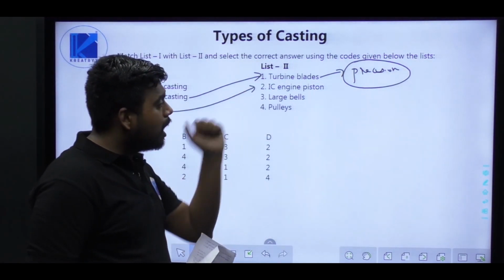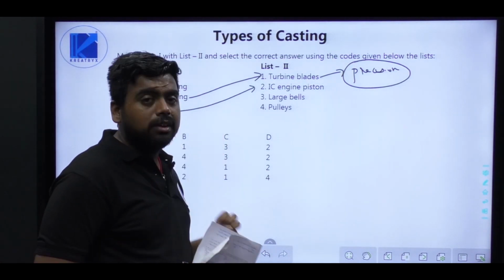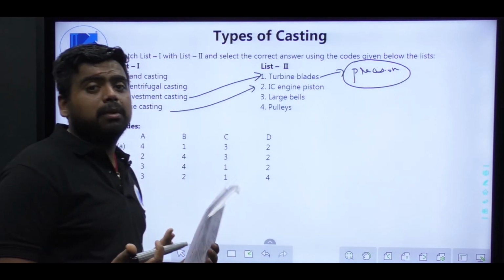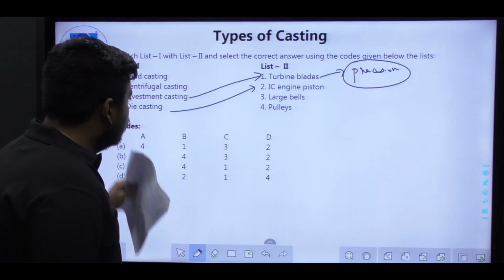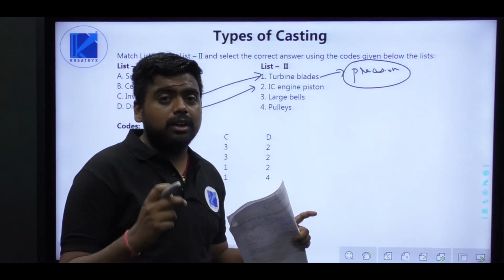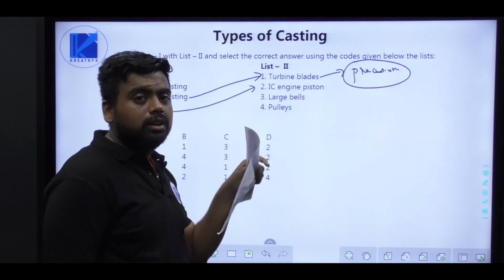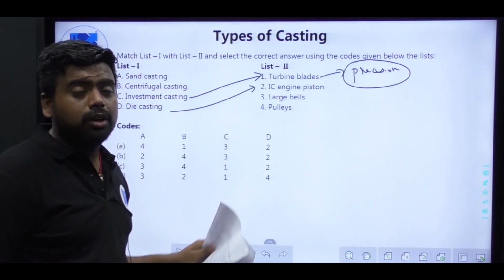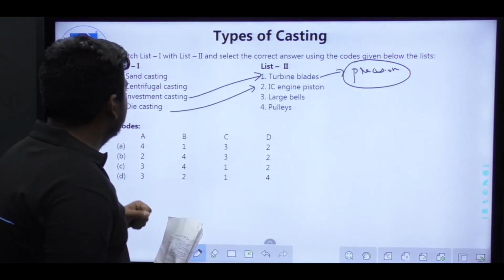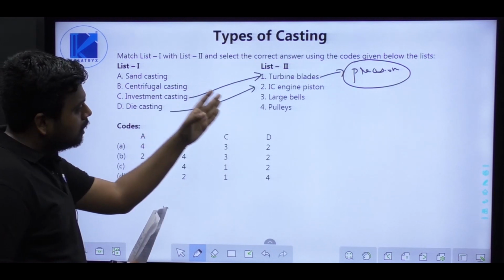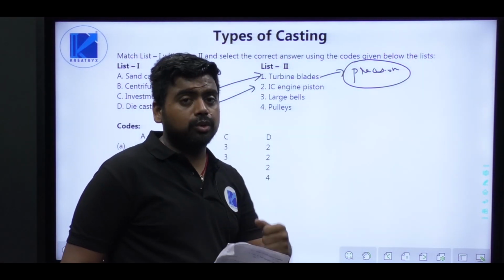Now comes large bells and pulleys. You might be confused that large bells and pulleys both can be manufactured through centrifugal casting. Why so? Because centrifugal casting is used to manufacture symmetrical products, and large bells and pulleys both are symmetrical in nature. So which one should we go for?